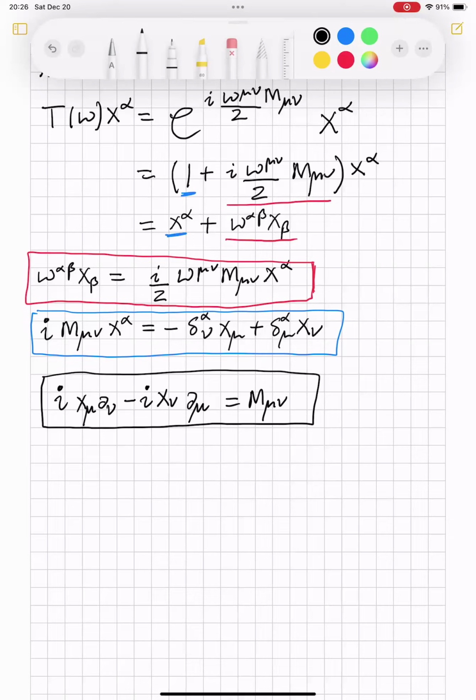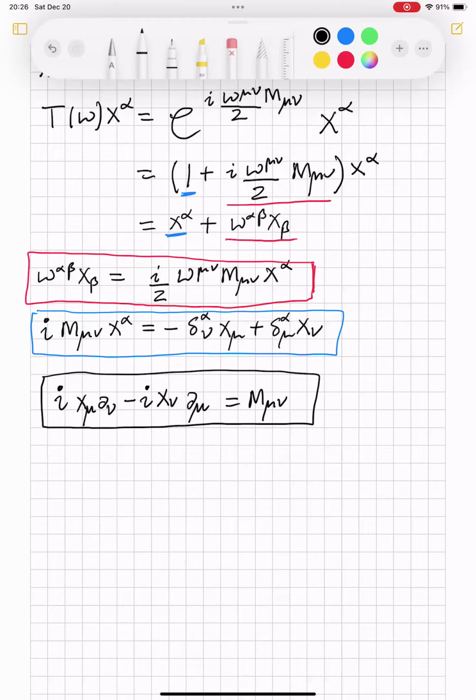When we take a look at M mu nu, they might smuggle in some extra signs. So all of these different signs are different conventions that people can choose, and they're related to the different way that we split the transformation up into a parameter and a generator, and even conventions for what we call a positive rapidity, what we call a positive rotation angle, and so on.